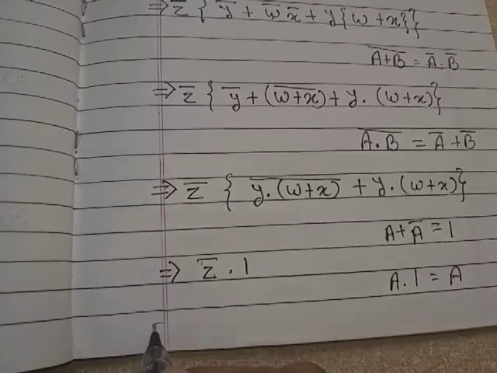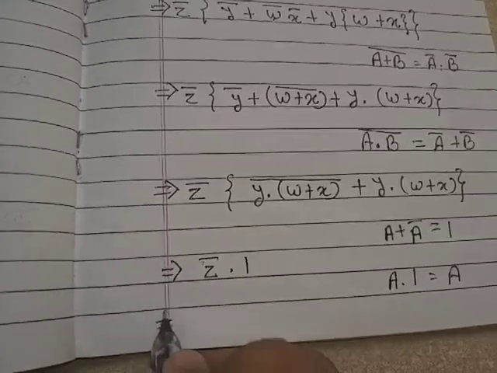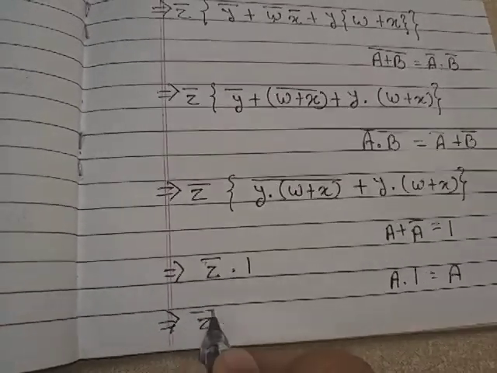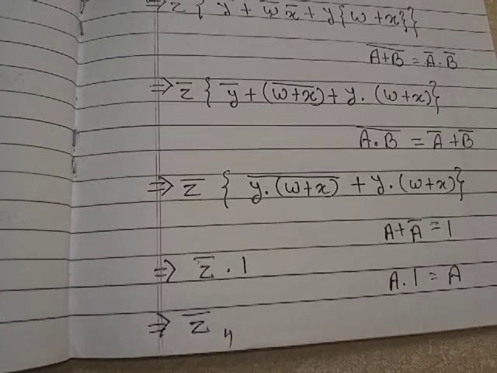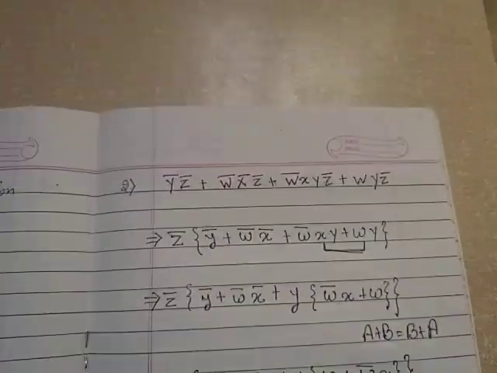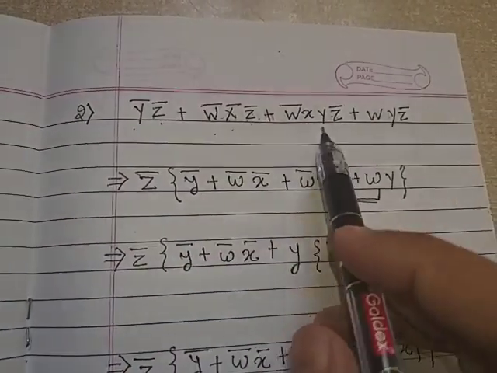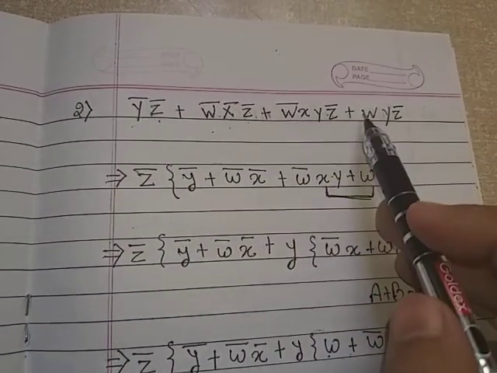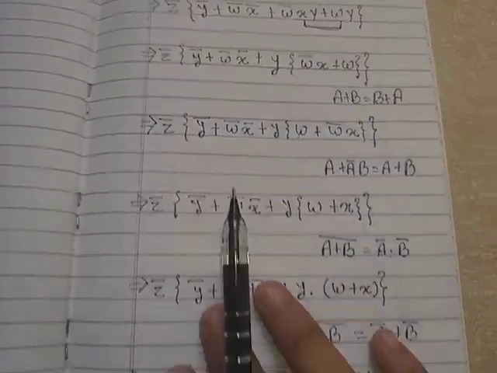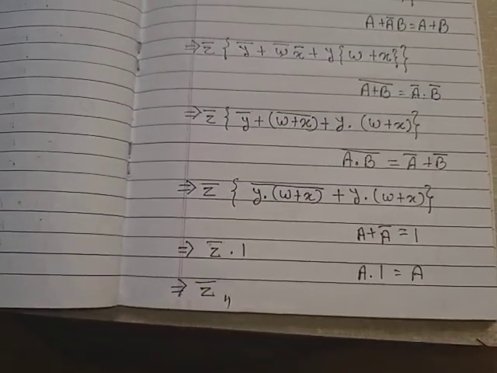So the final answer is z bar. That's it. So on simplifying, y bar z bar plus w bar x bar z bar plus w bar x y z bar plus w y z bar is equal to z bar.